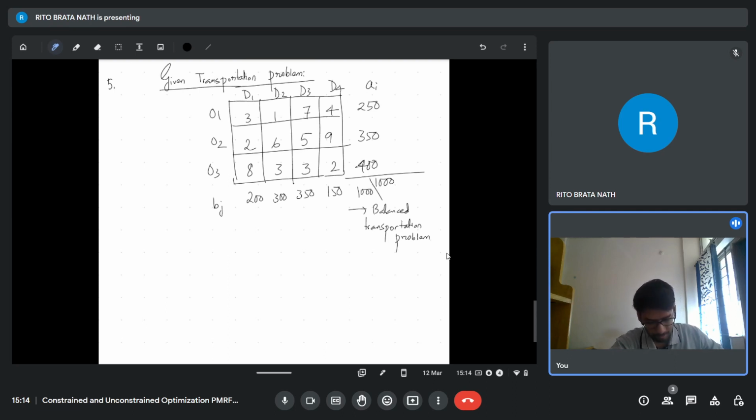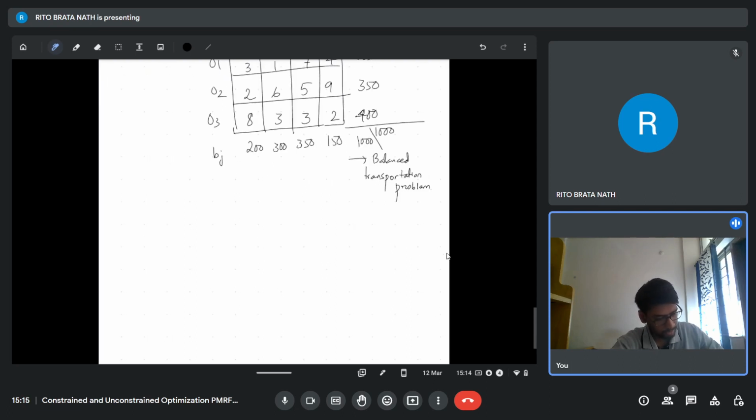So the statement here is that find the cost of initial BFS by northwest corner method.